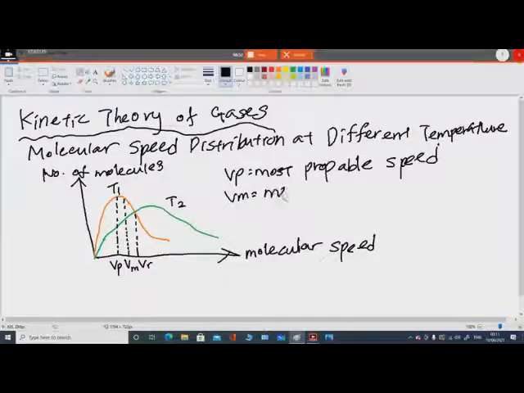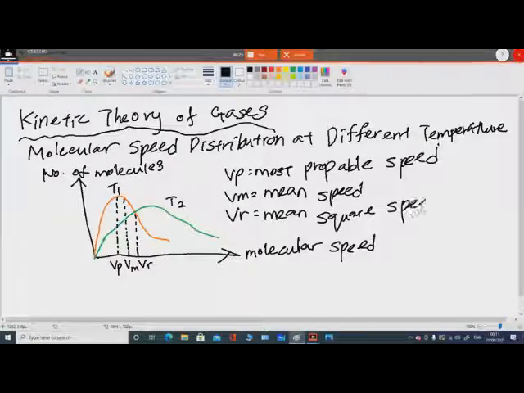The mean speed has fewer molecules compared to the molecules that have the most probable speed. And the root mean square speed is much higher than the mean speed and the most probable speed.